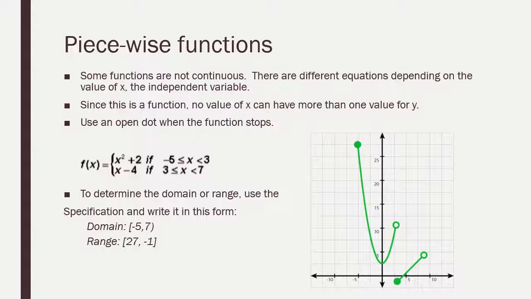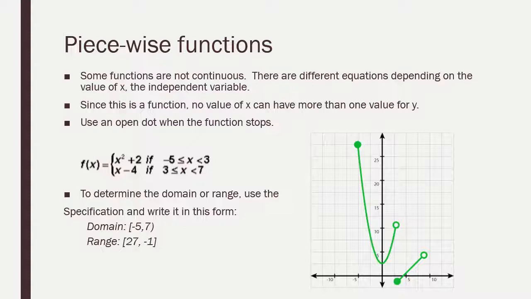So the open dot is the endpoint of the function that does not actually reach 3. And you can see here that the conditions for the x squared plus 2 section of the graph only goes up to where x is less than 3. So 2.9999, but never quite reaches 3. So the parabola ends with an open dot at 3.